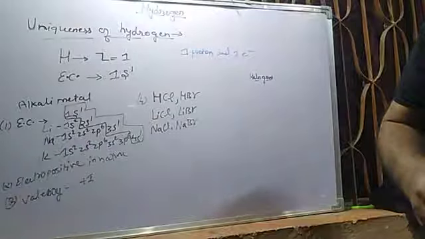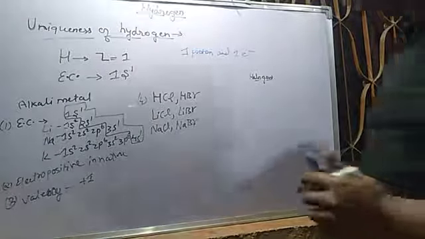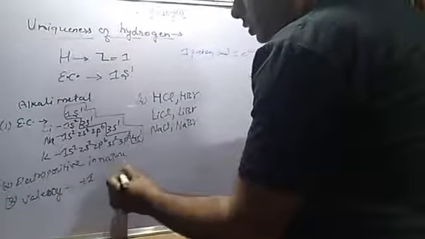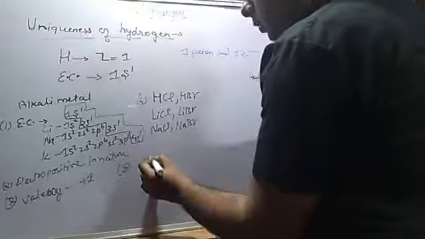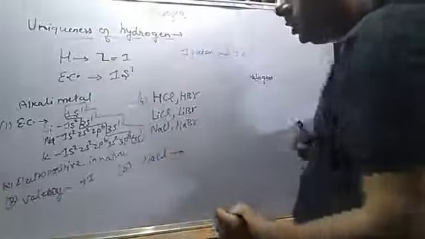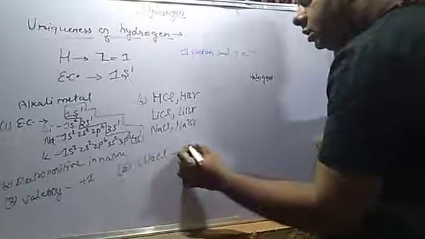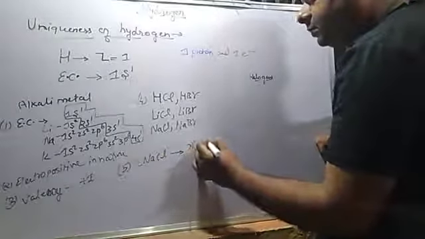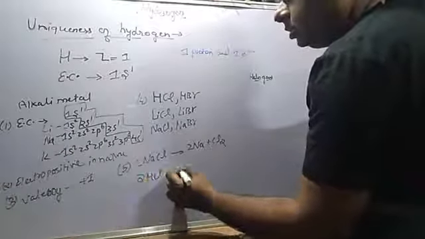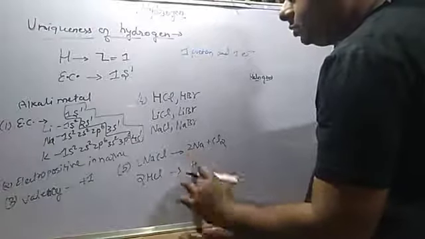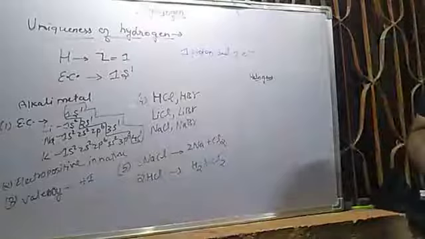Also, in the liberation at cathodes in electrolytic reactions, if I am taking NaCl as an electrolyte, here we will get 2Na plus Cl2. If I am taking 2HCl, it will always release H2 plus Cl2.